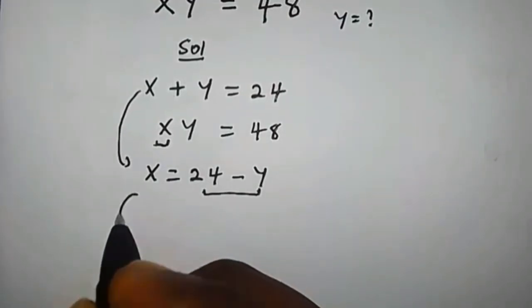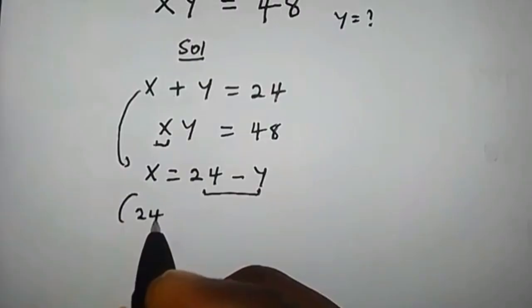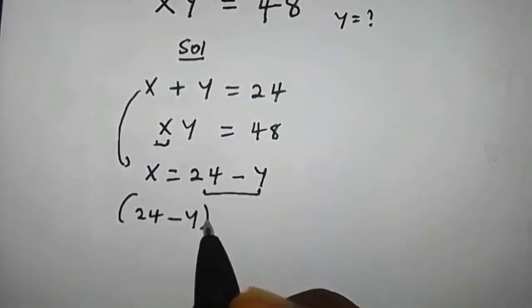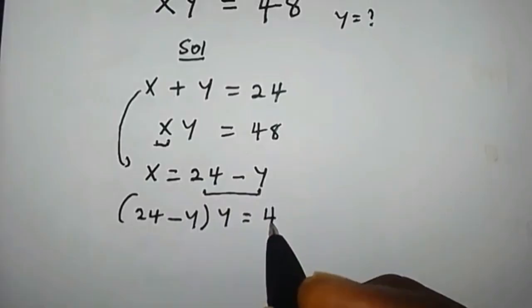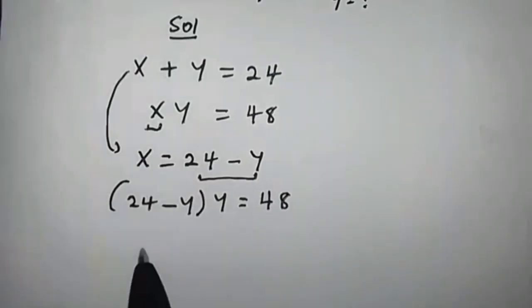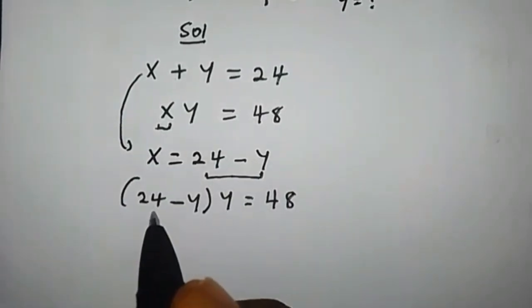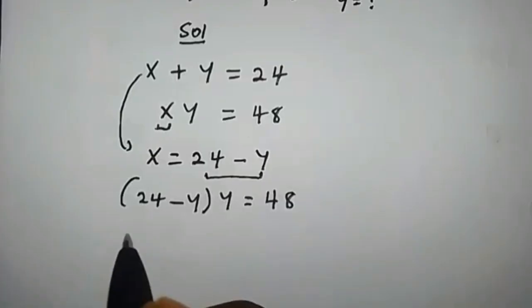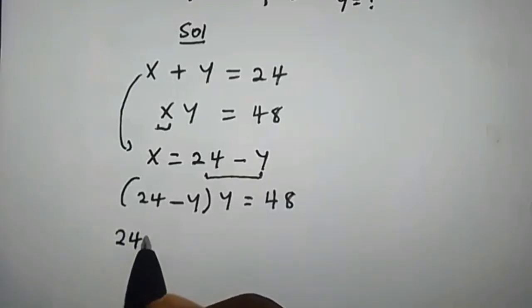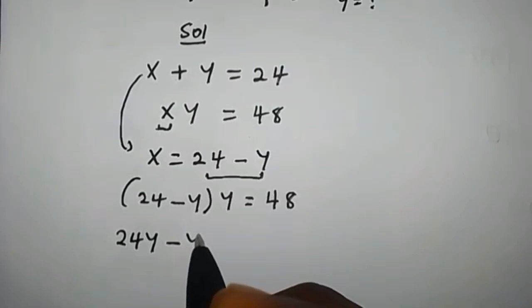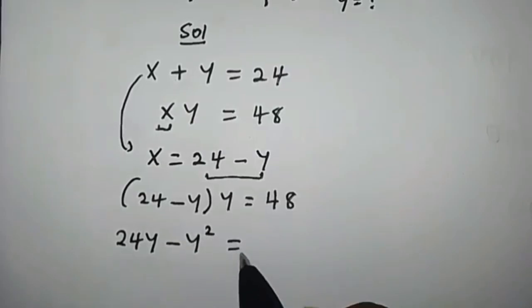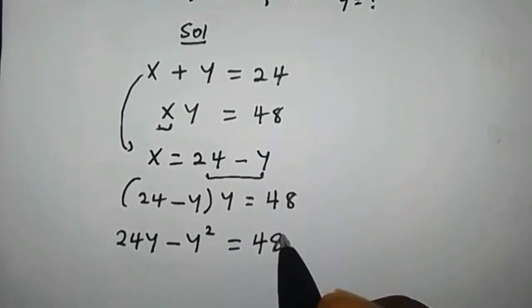Doing that, we have 24 minus y times y equal to 48. Let's open this bracket. 24 times y, 24y, minus y times y, minus y square, equal to 48.